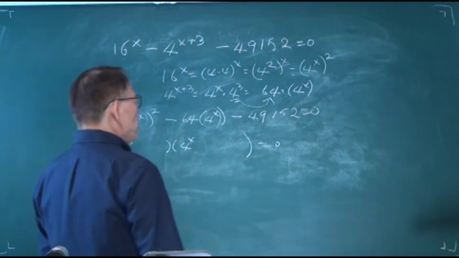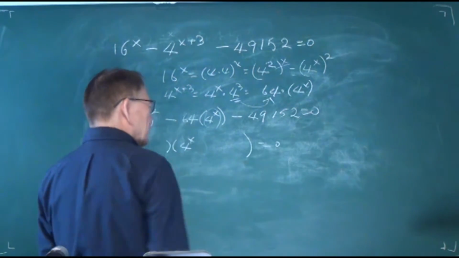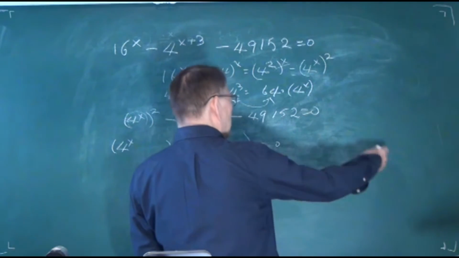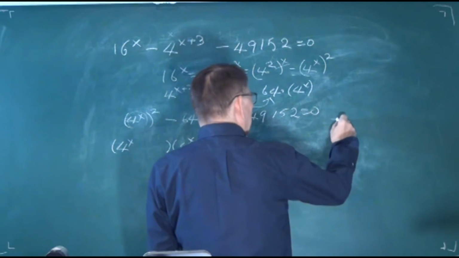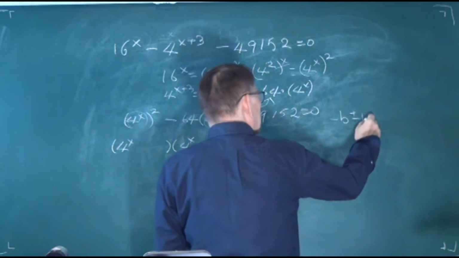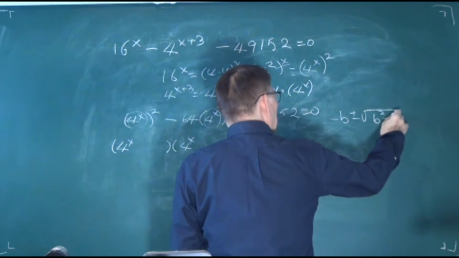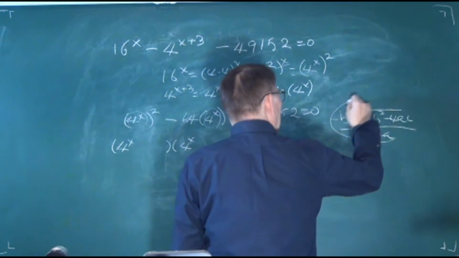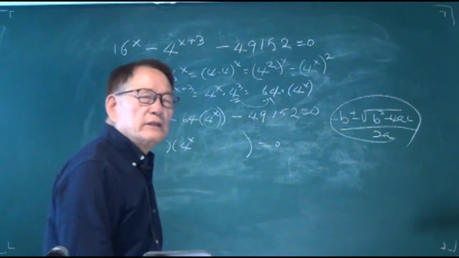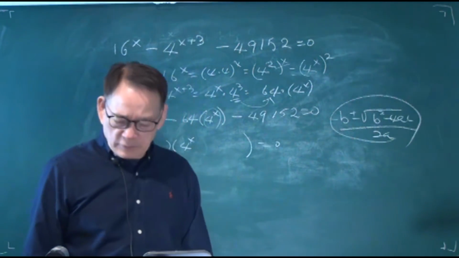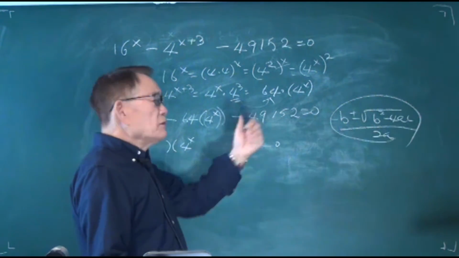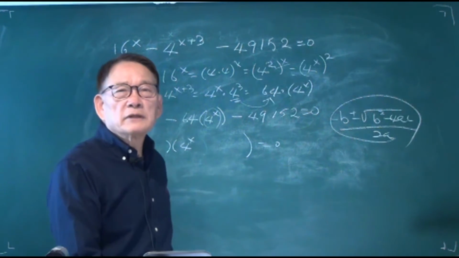So in this case, instead of trial and error, sometimes we had better use the quadratic formula, given by minus b plus or minus the square root of b squared minus 4ac, over 2a. It looks like a longer calculation, but when you have a big number, you can use that.